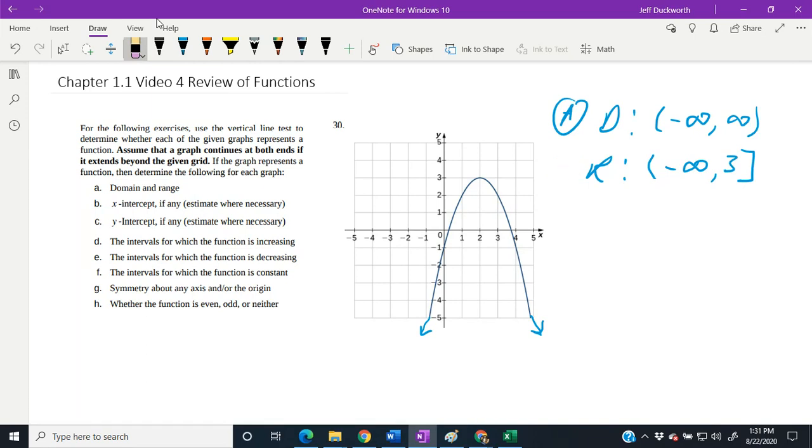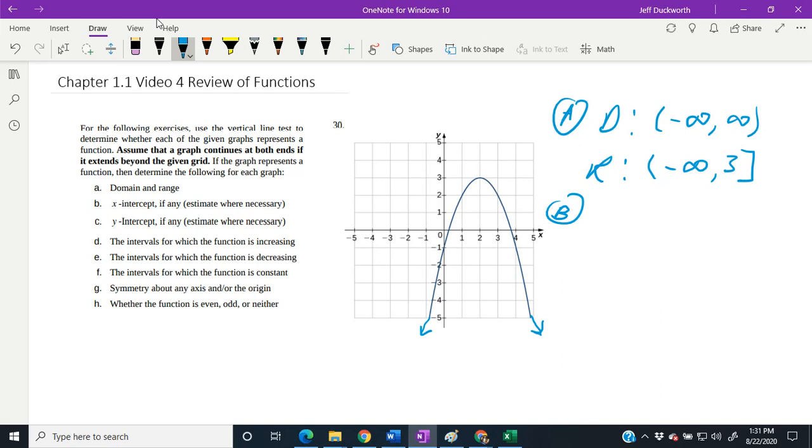B, they want x-intercepts. So we'll do B. The x-intercepts. They want us to estimate where necessary, maybe 0.1 and 3.9. I don't know.